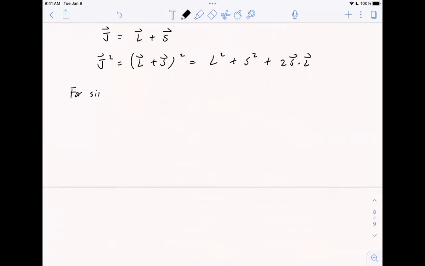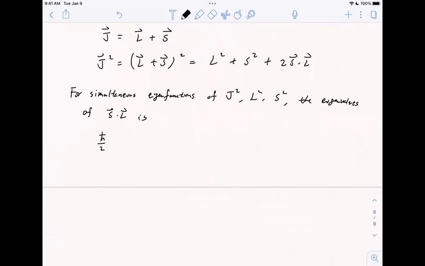So for simultaneous eigenfunctions of J square, L square, S square, the eigenvalue of S dot J is this, square L plus 1 minus S. S is 1/2.